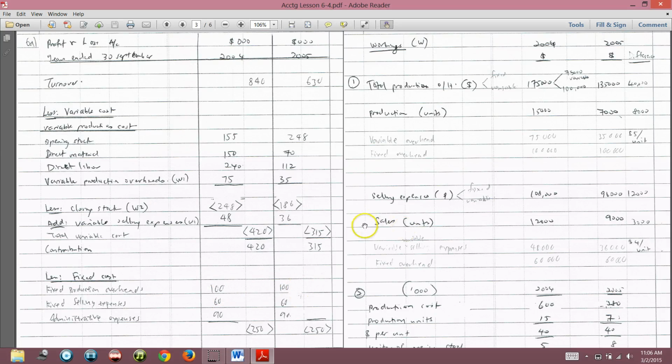Then our variable production overhead, I should put a bracket W1 because it references my working one. Variable production overhead will be 75,000 in 2004 and 35,000 in 2005 respectively. These figures, stock we haven't put in.